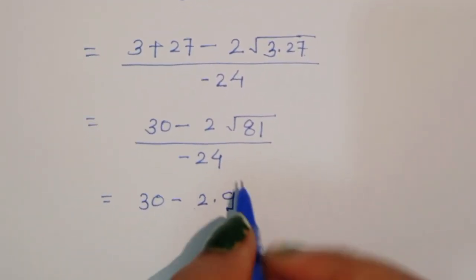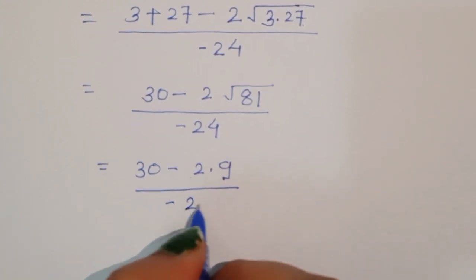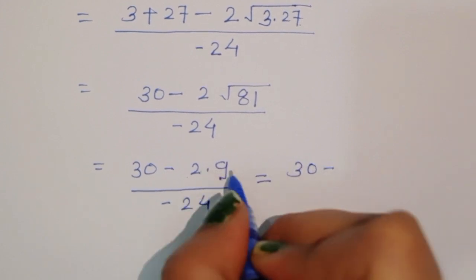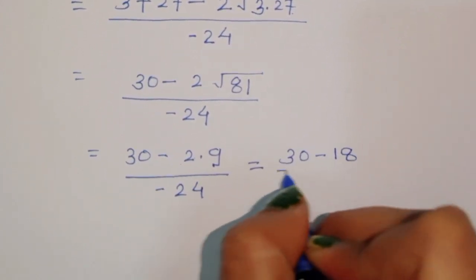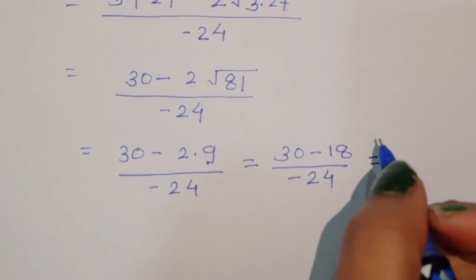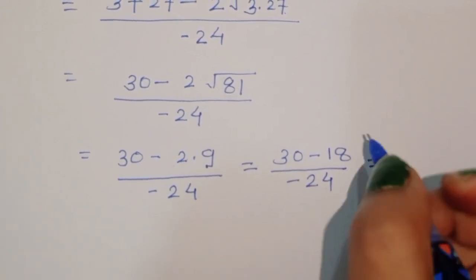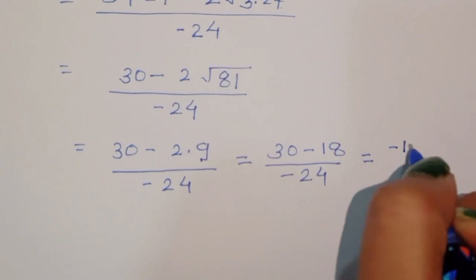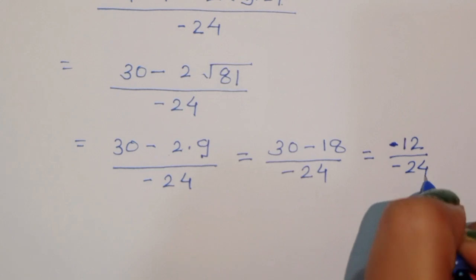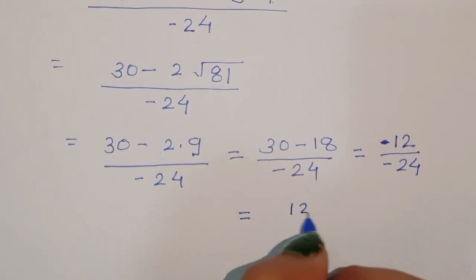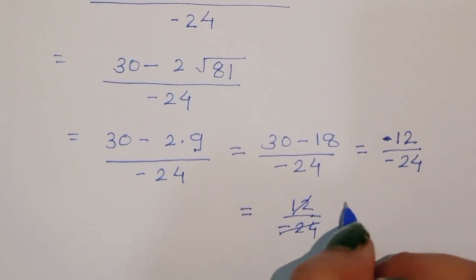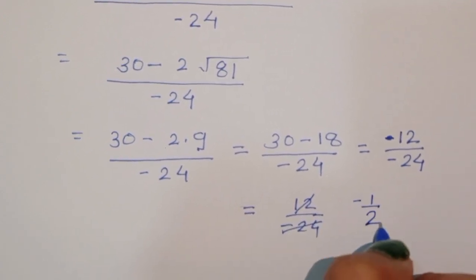So 30 minus 2 times 9, which is 18, divided by minus 24. 30 minus 18 is 12, so this is 12 divided by minus 24, which is minus 1 by 2, because 12 times 2 is 24.